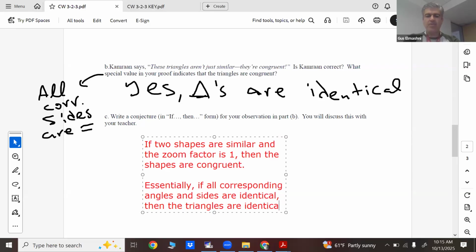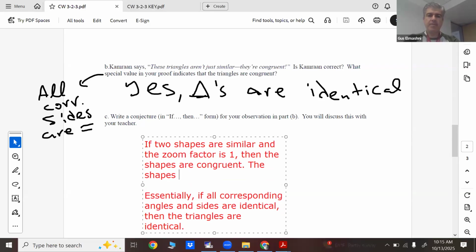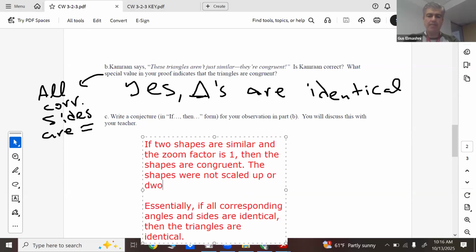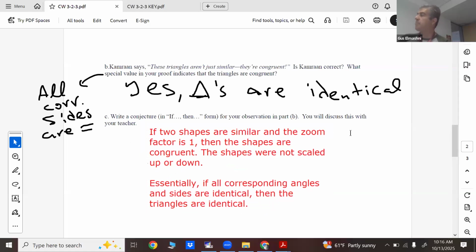It's just the scale. We didn't scale it up. The shapes were not scaled up or down. So there are no transformations, no dilation, none of that stuff.